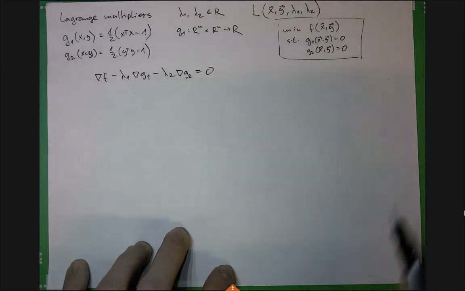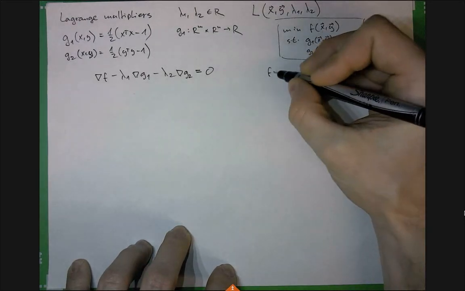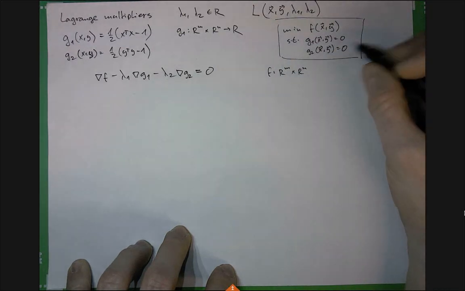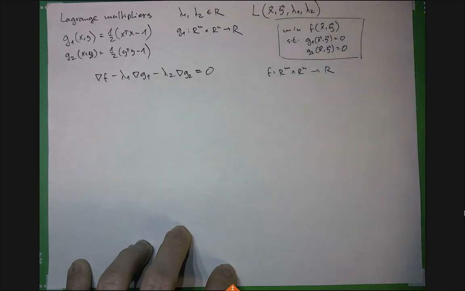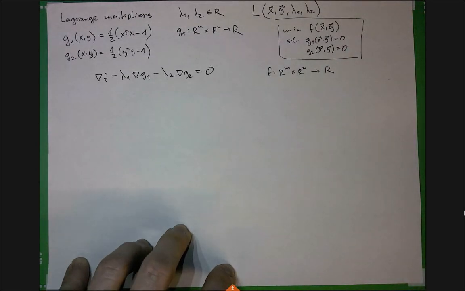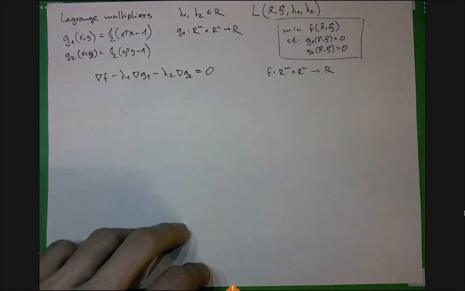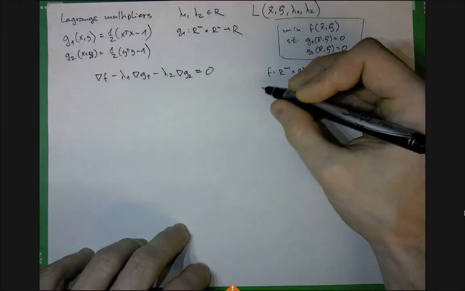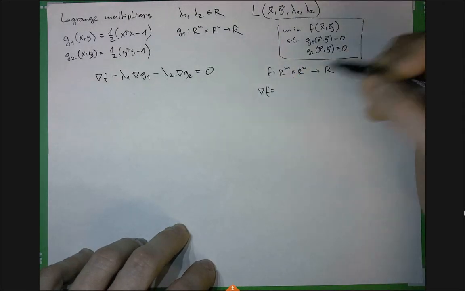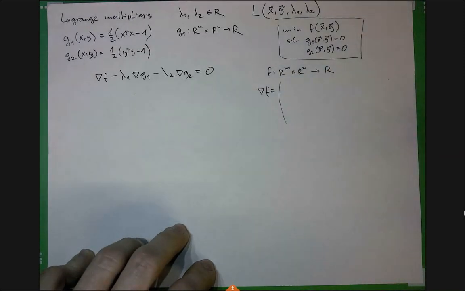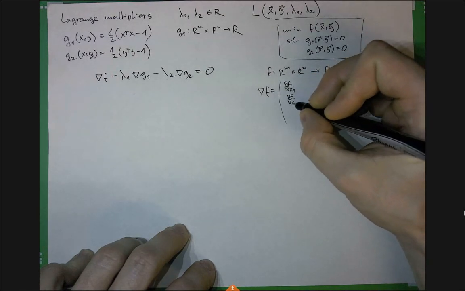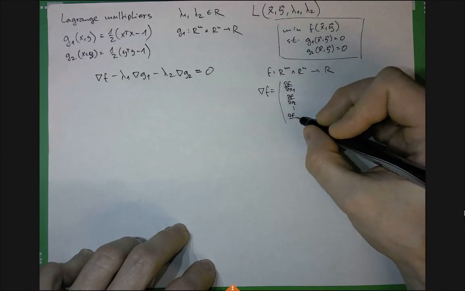So what is the gradient then? F was a function from Rm times Rn to R. So it's a function that goes from m plus n dimensions. The gradient of the function is just one big column vector of the partial derivatives of that function. I start with partial derivatives with respect to x1, x2, and so on, up to xm.